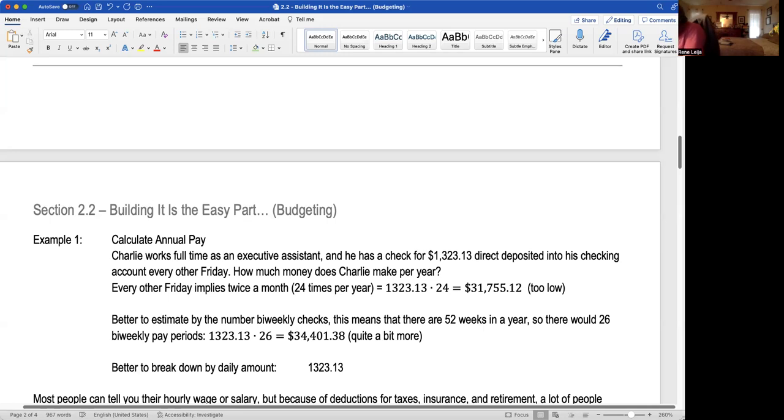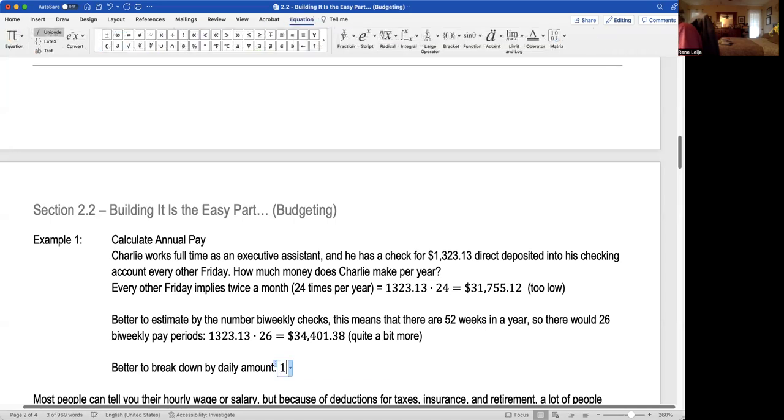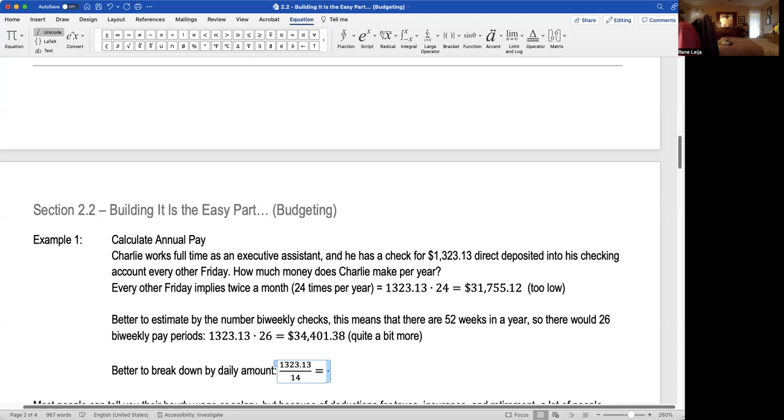Okay. Then if I divide that, so let me do this. So 1323.13. If we divide that by 14, because it's every 2 weeks, then this is going to give us $94.51 per day.